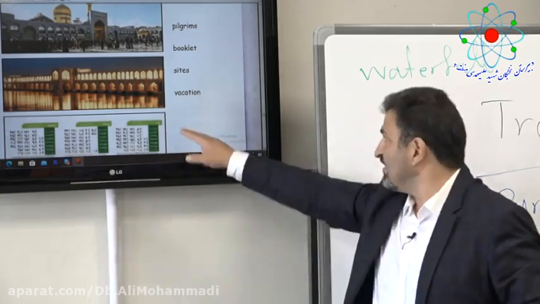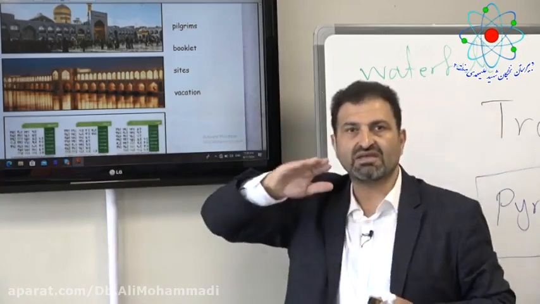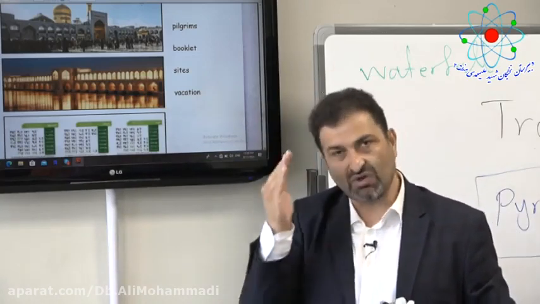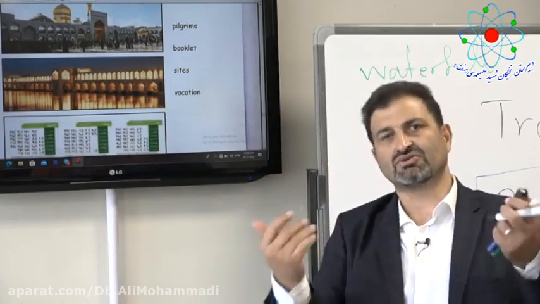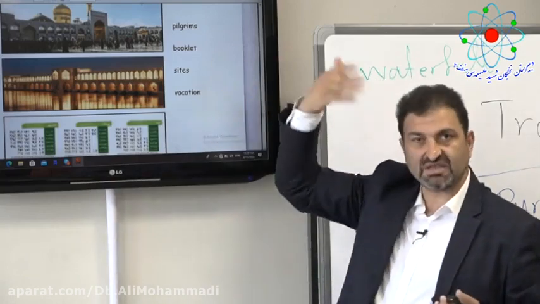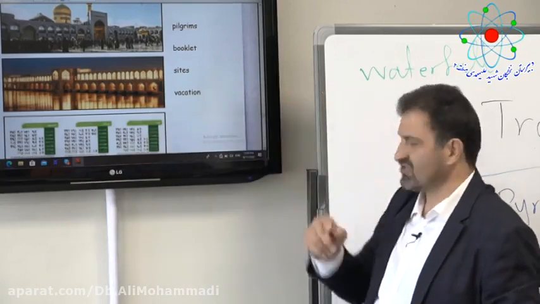It is vacation. Vacation is a period in which you don't go to work and you relax. You either relax or take a trip to relax or something. Okay? So vacation means basically holiday. This picture goes to vacation.